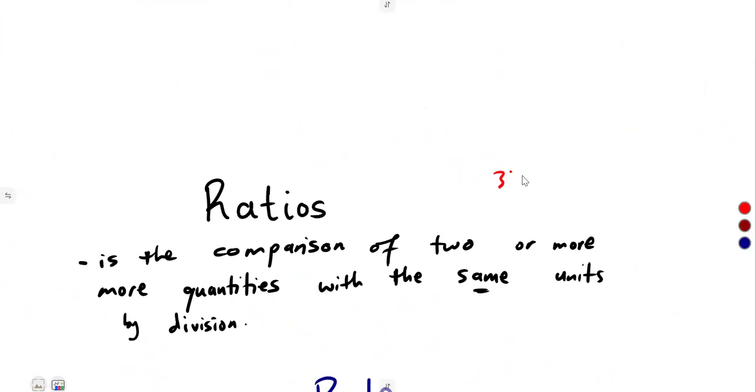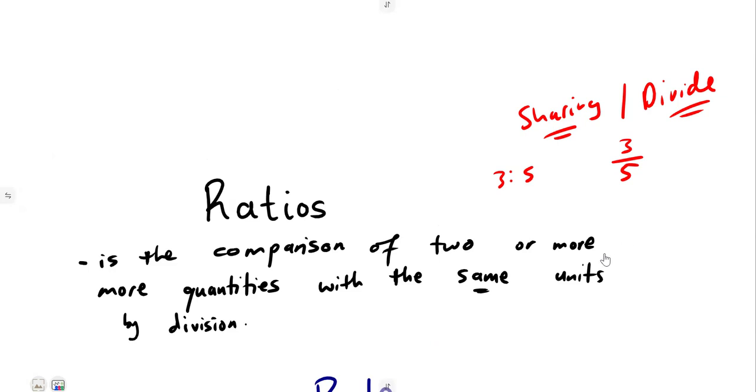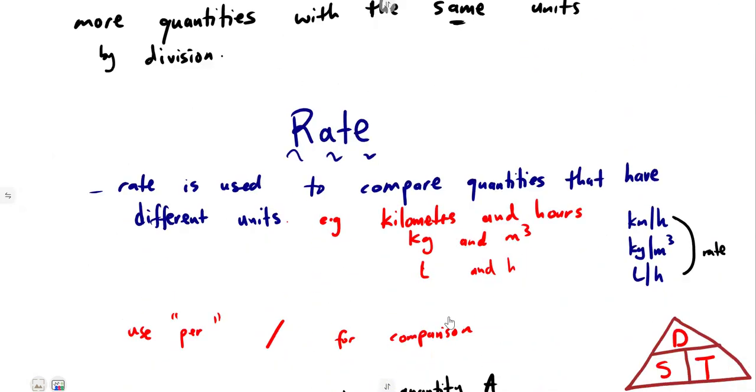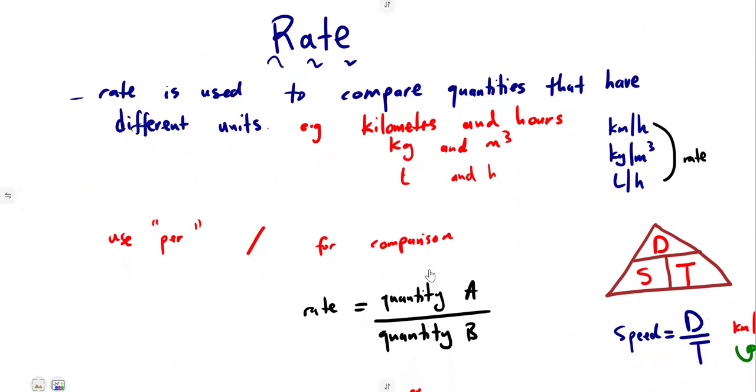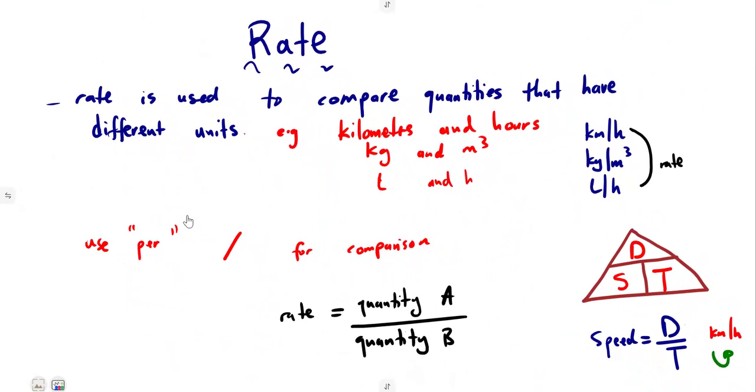It was 3:5, which can be written as a fraction. They are used to share, to divide, which is different from a rate. A rate is used to compare quantities that have two different units. So let's revise as many questions as we can.